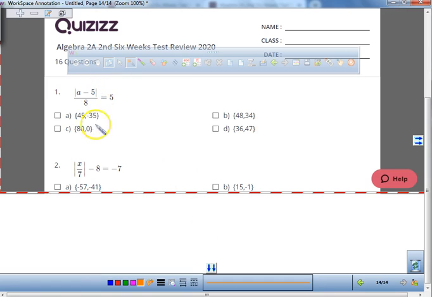Here's what I would like you guys to write down. Write down the absolute value of a minus 5 all over 8 equals 5.